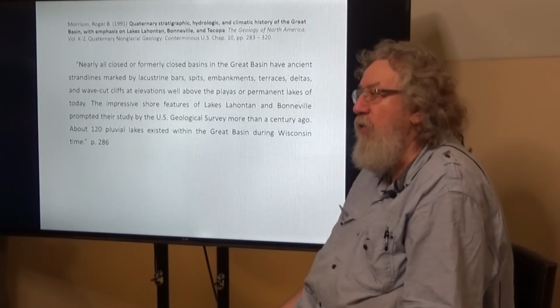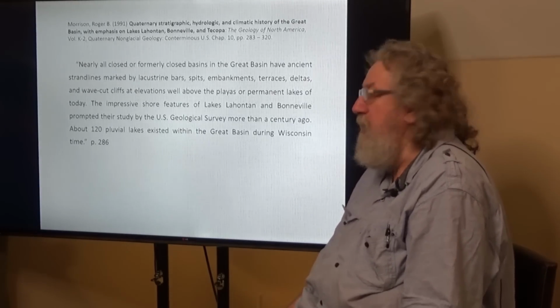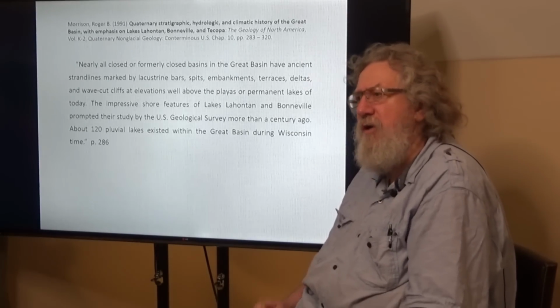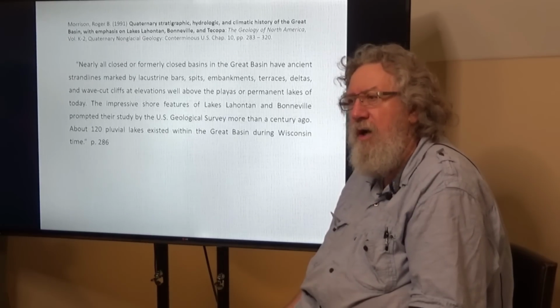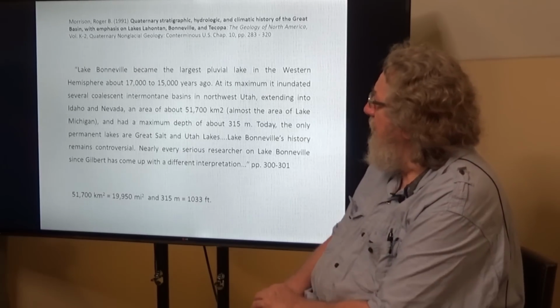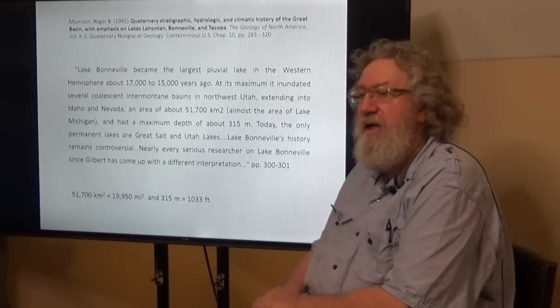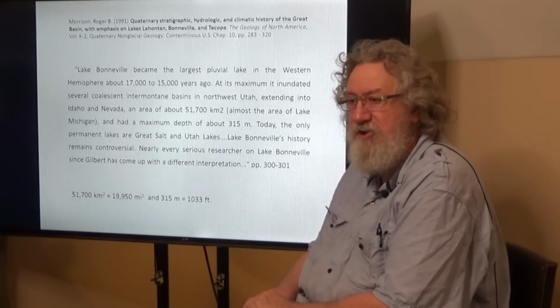About 120 pluvial lakes existed within the Great Basin during Wisconsin time. I would mention that Wisconsin time is generally from just over 100,000 years ago to about 11,000 years ago. It goes on to say, Lake Bonneville became the largest pluvial lake in the Western Hemisphere about 17 to 15,000 years ago.